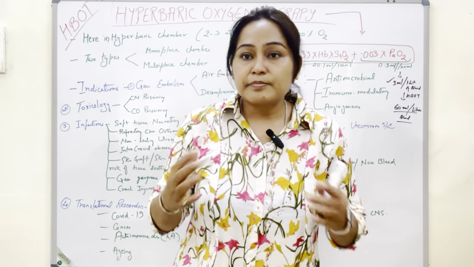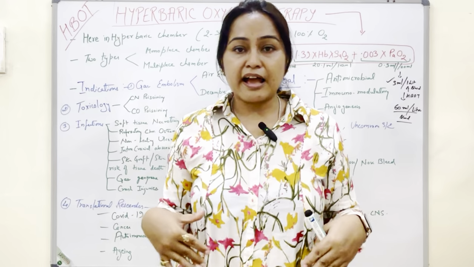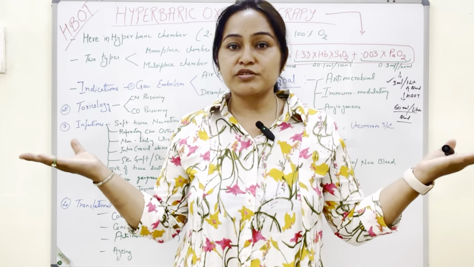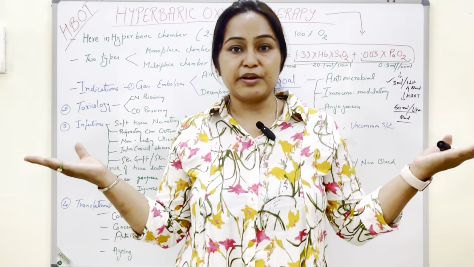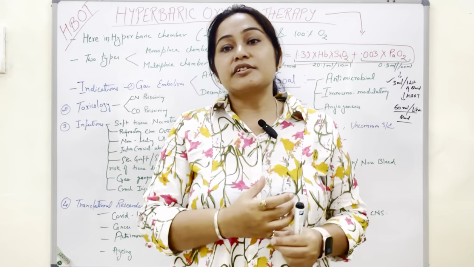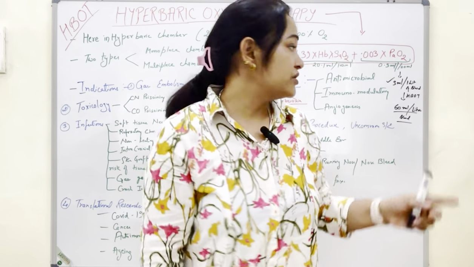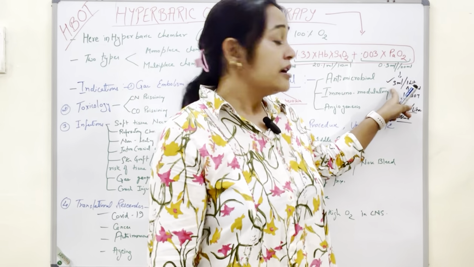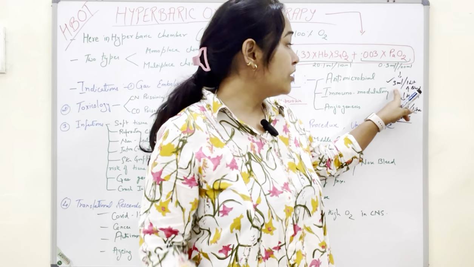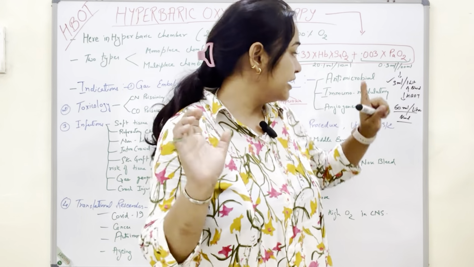Okay, let me explain one thing. Like I am standing here breathing room air, the atmospheric pressure is normally 1 atmosphere, and I am breathing 21% oxygen. At 21% oxygen and 1 atmospheric pressure, the dissolved oxygen in my blood will be 0.3 ml per 100 ml of blood, or 3 ml per liter of blood, right?